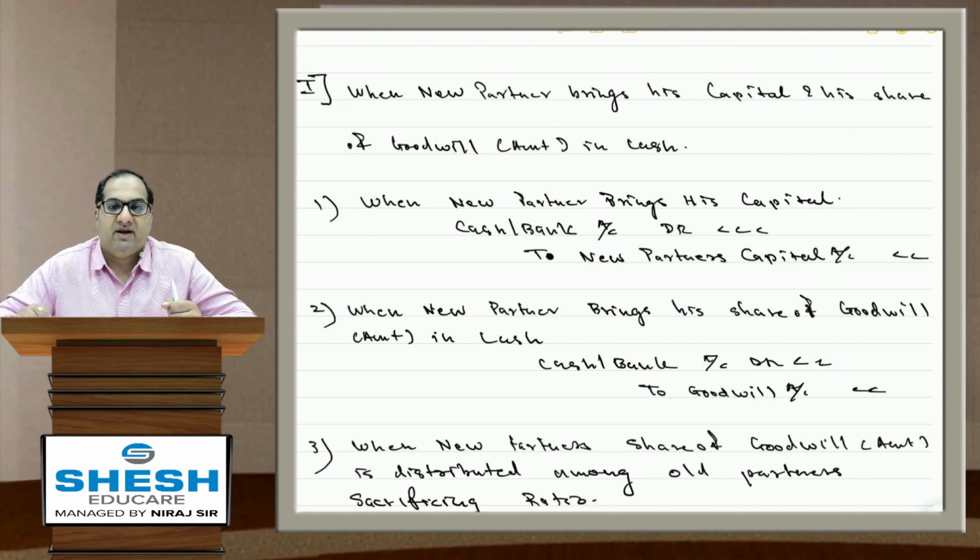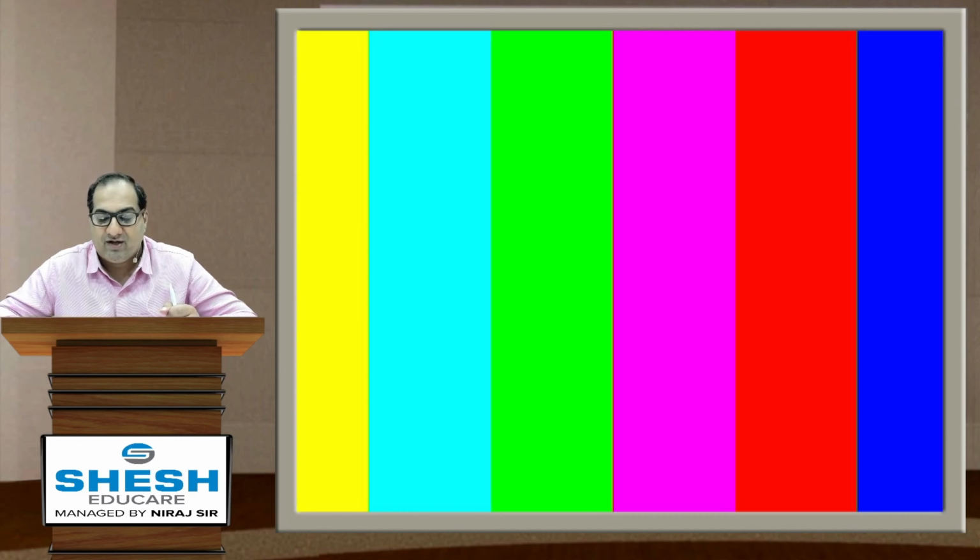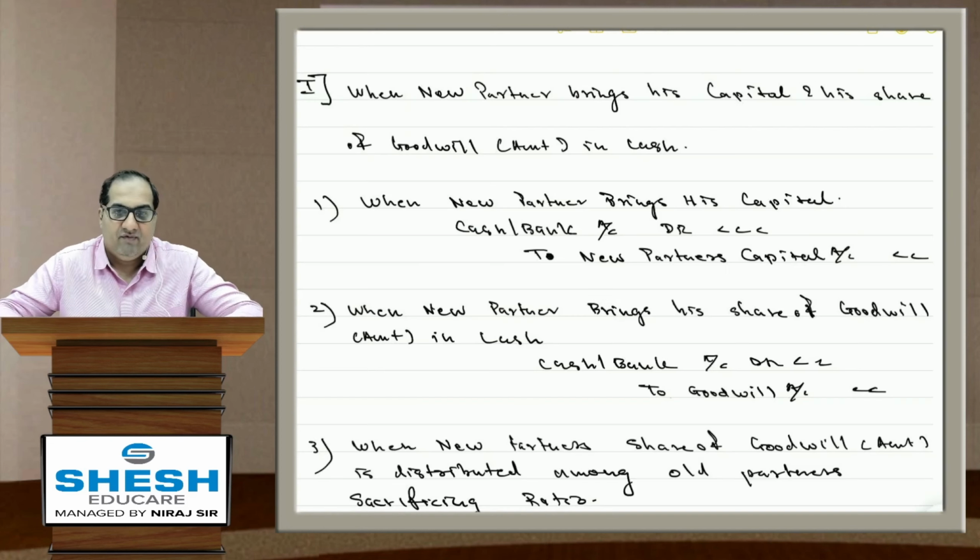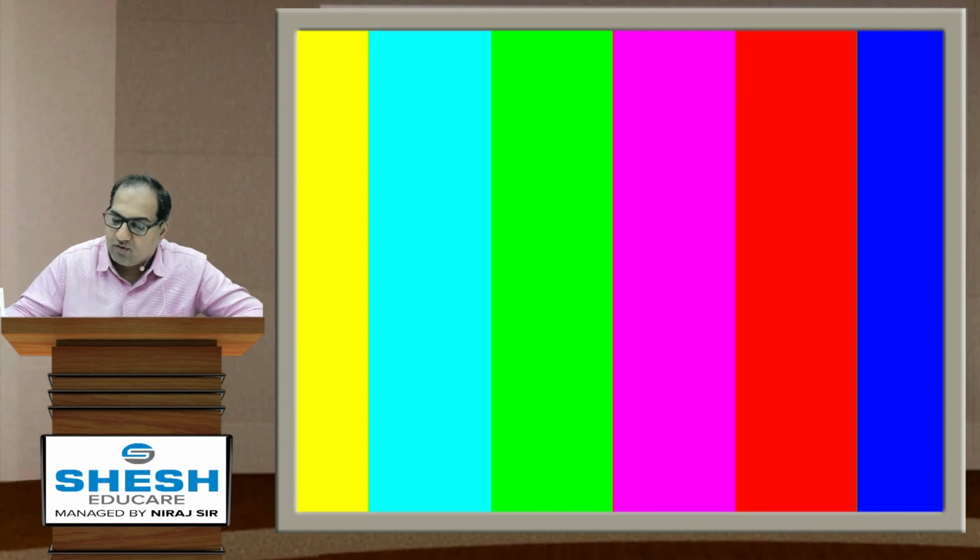If I directly pass the entry cash or bank account debit to old partners capital account, you may get confused as if old partners have introduced additional capital. So what we do is first, when he brings his share of goodwill amount in cash, we give temporary credit to goodwill account. We give temporary credit to what? Goodwill account.